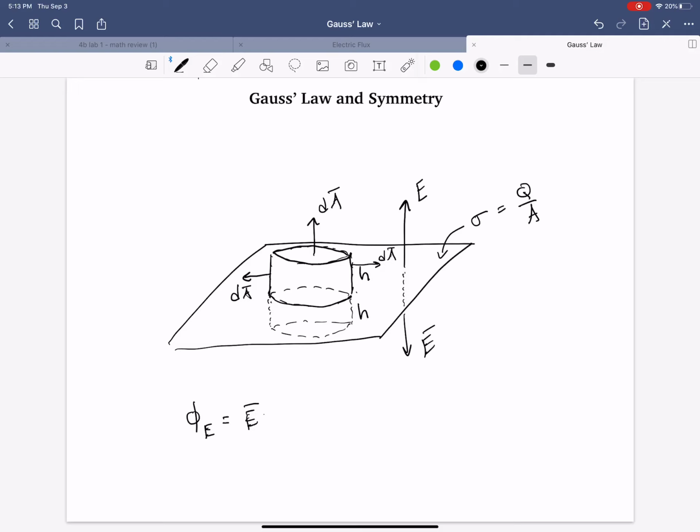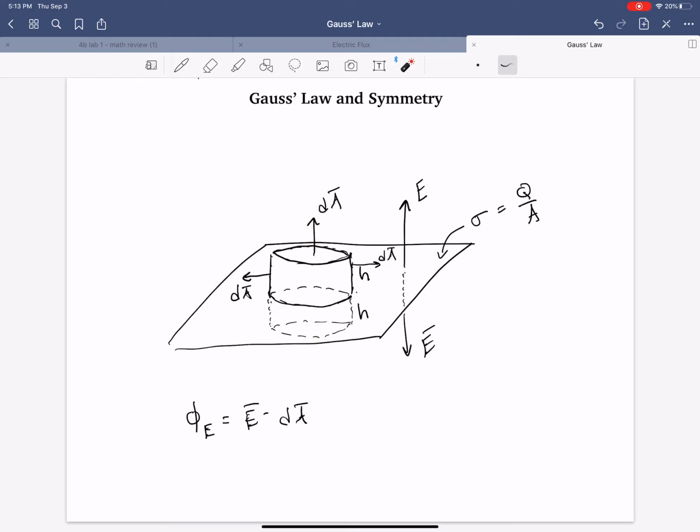Well, E dot dA. The angle in between E and either of these dAs is 90 degrees. And if you take the cosine of two vectors that are 90 degrees apart, you get 0. So there is 0 flux out the sides. But you'll get maximum flux through the top and the bottom.